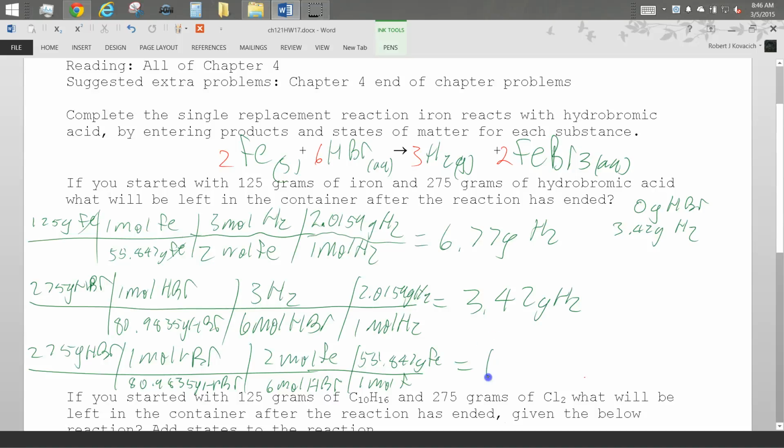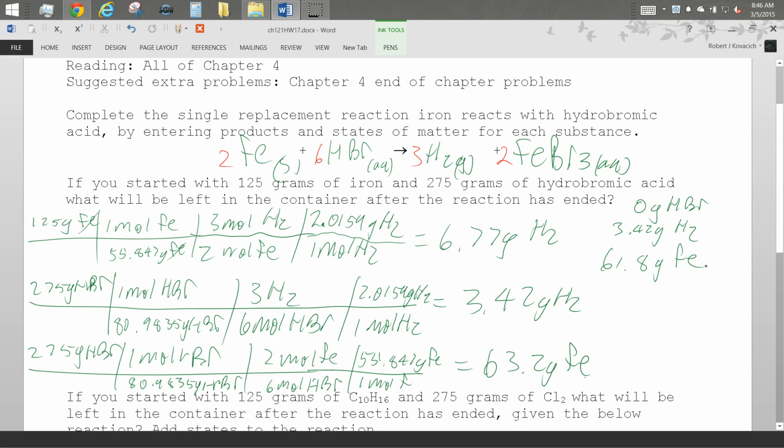And that value is 63.2 grams of iron needed. So if I started with 125, then I'm left with 61.8 grams of iron in the container.